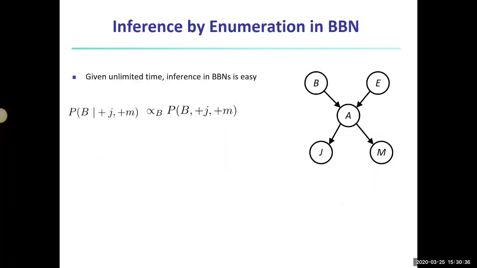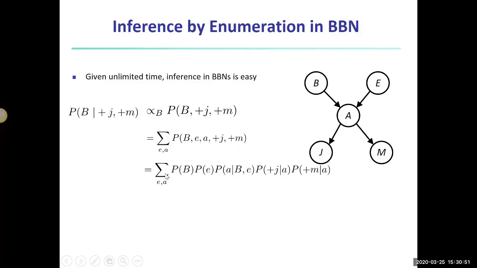And this example shows how to compute the joint probability. So we have hidden variables, E and A were not here, so we have to sum over all those hidden variables. This is a probability given our chain rule and the dependence on the parents.